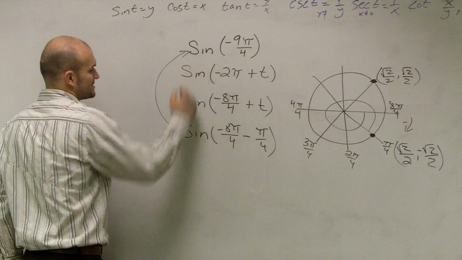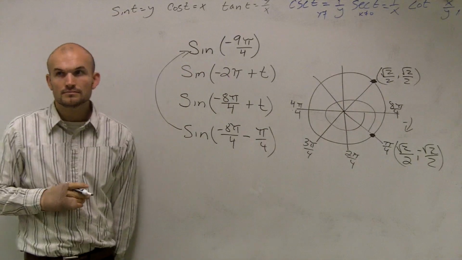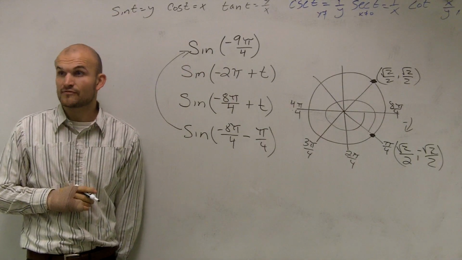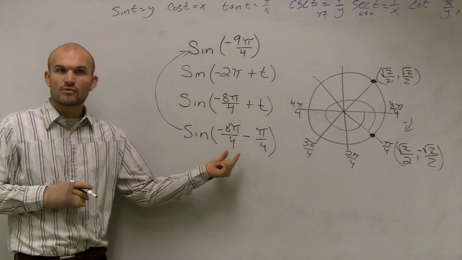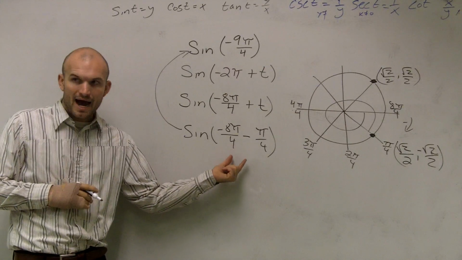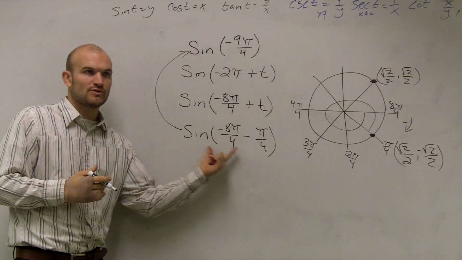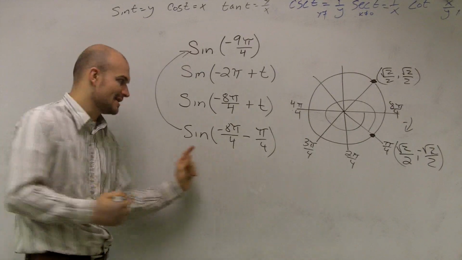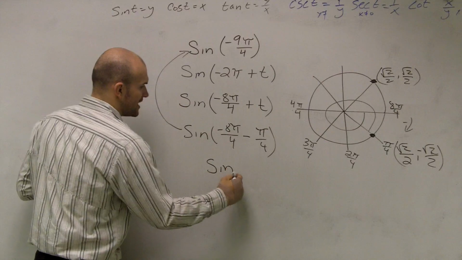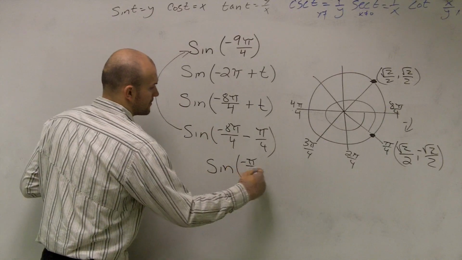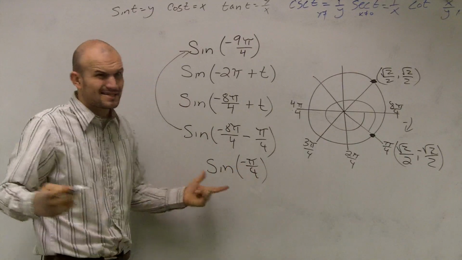Is that the same as that answer? Yes, right? It's just written a little bit differently, with my revolution of 2 pi factored out. And what we say is, when you write it with the period as an aid, we can simply write negative pi over 4, which is a lot easier.